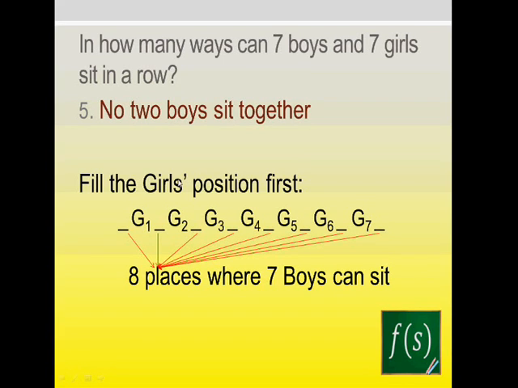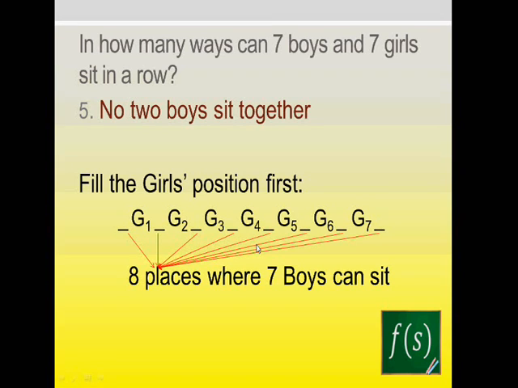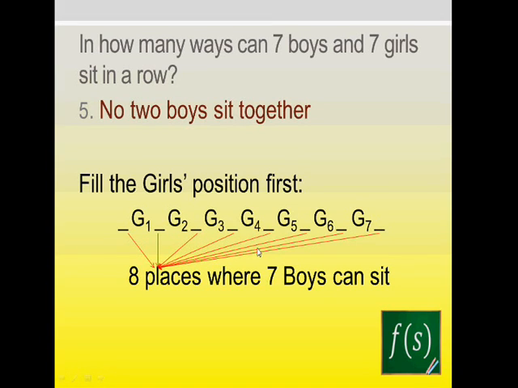When no two boys have to sit together, make the girls sit at positions, make some empty places between them and before and after them, and then let these places be filled by boys. The number of boys could be 5, 4, 3 or anything, but the places you'll create are similar. You'll always create these 8 places when you have 7 girls.